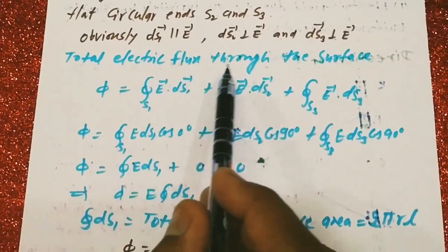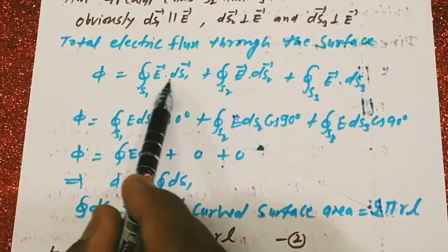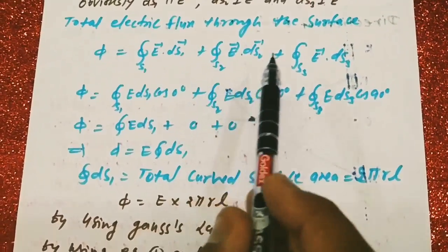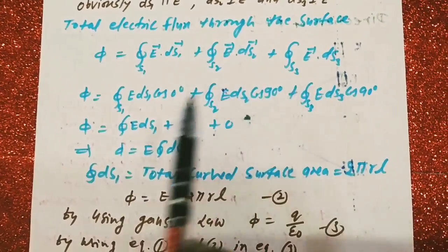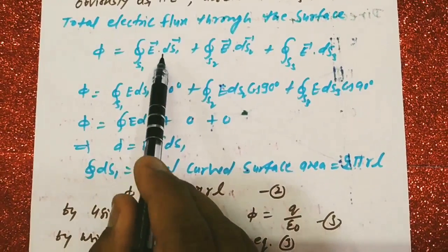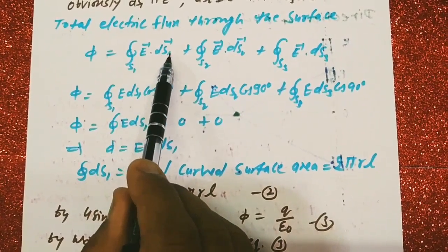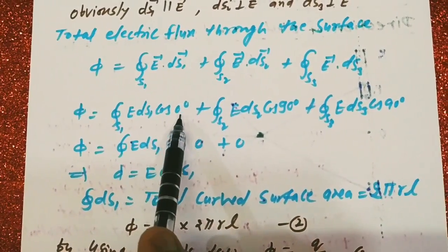So the total electric flux through this Gaussian surface, phi, equals the integral of E dot dS1 from surface 1, plus the integral of E dot dS2 from surface 2, plus the integral of E dot dS3 from surface 3. In the first case, E and dS1 are in the same direction. dS1 is parallel to E, so cos 0 degree.